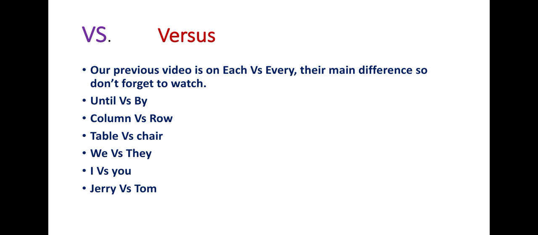We can also use vs while talking about competition between two things: Jerry vs Tom, I vs you, we vs they. But when we pronounce it, we cannot say vs. We say versus, and we can write the short form vs.